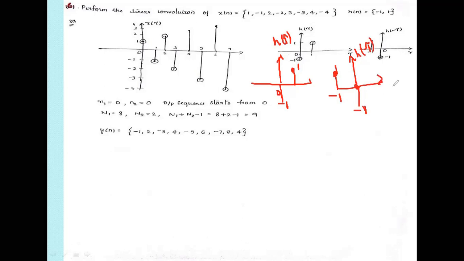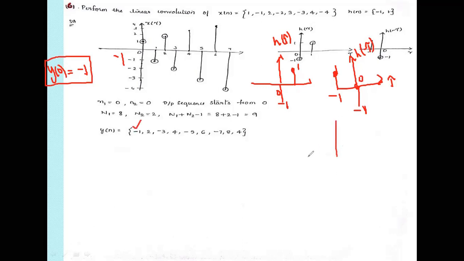Here there is no minus 1 value of x. Only at 0 there is a value, 1. 1 into minus 1 means y of 0 is equal to 1 into minus 1, which is minus 1. So y of 0 is minus 1.